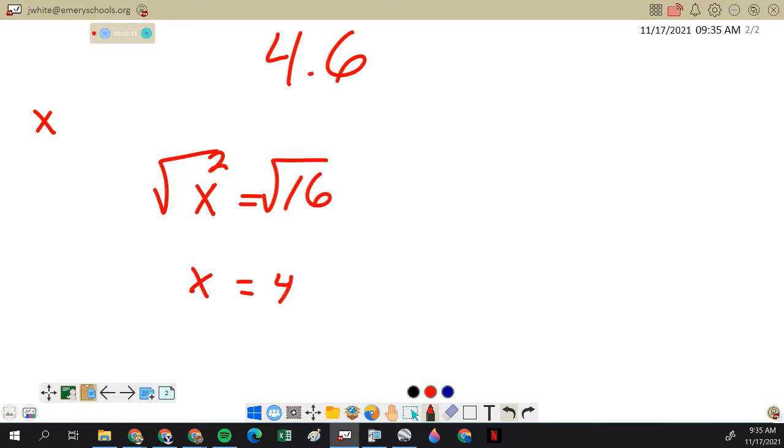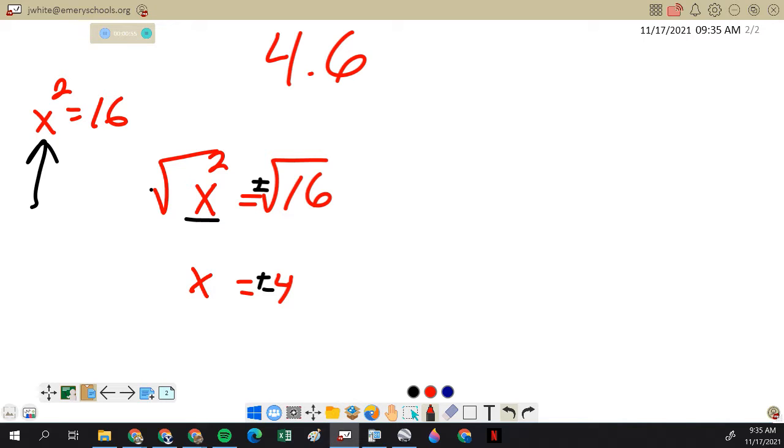Certainly the answer is 4, right? But think about it. What number times itself is 16? 4 and negative 4. So anytime you square root an x squared, you have to put plus or minus on the other side. That's one of the rules of square rooting.